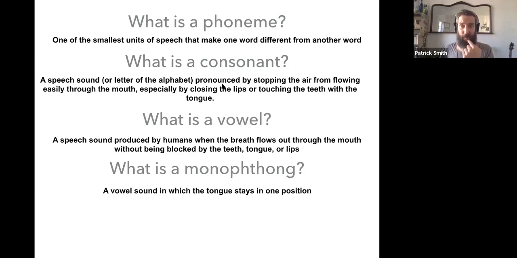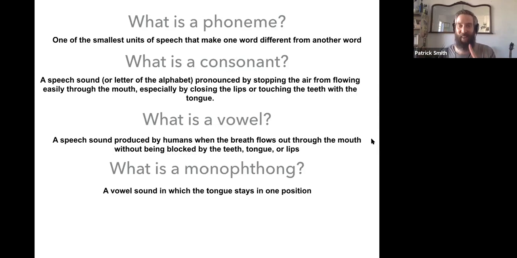So the tongue, la lengua, stays in one position. For example, the word cat, the a in cat, that's what we call a monophthong, because when you produce that sound, your tongue doesn't need to move. It just stays in one position. Now, I think everyone has the microphones muted, but feel free to try it in your living rooms.